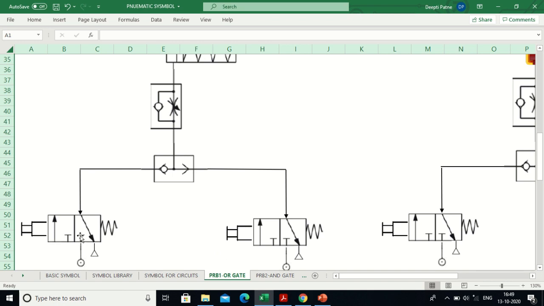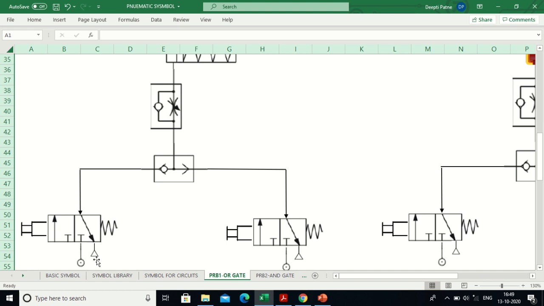It has 2 ports and 3 inputs, so it means it is a 3/2 valve. One actuator is a spring, the other actuator is a manual control. This is indicating the supply, whereas the triangle is indicating the exhaust.